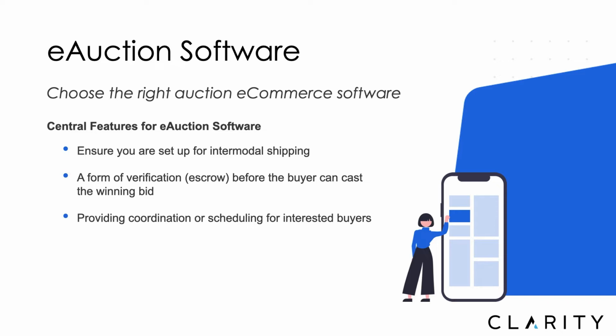Then the seller would be able to fulfill the item if it wasn't already in stock in inventory. They could then begin fulfilling the item. Once they fulfilled and shipped the item, we would track that shipment and provide updates. And then once the item was delivered on site, the buyer would verify the quality of the item. There was an arbitration process built into the payment and the shipping process so that escrow was not released until both the seller and the buyer had signed off that everything met commitment-wise.